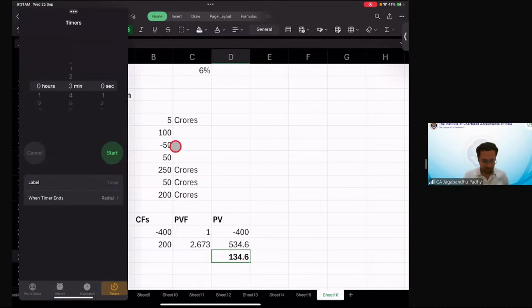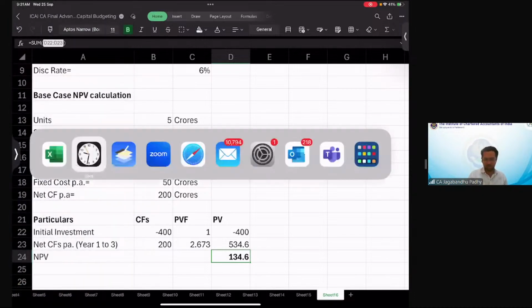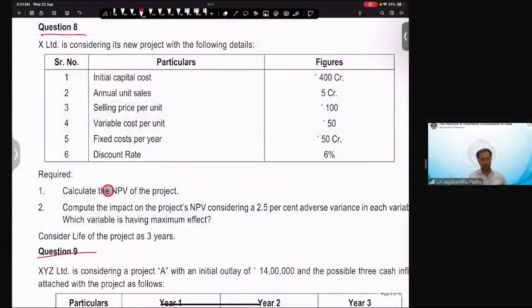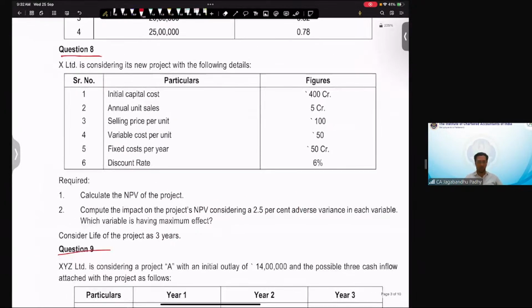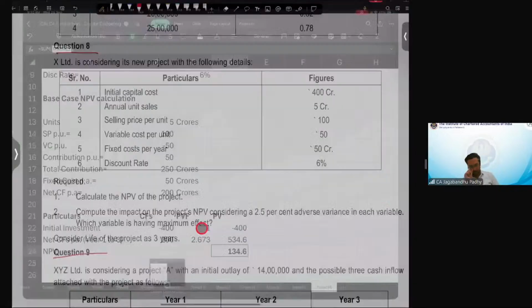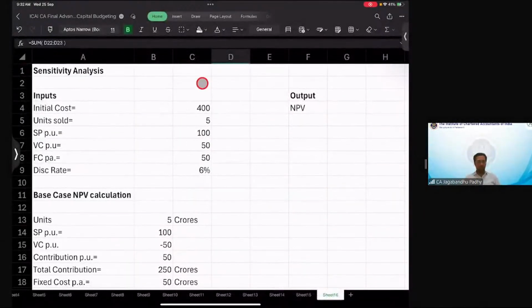Now look at the question. The question is saying, compute the impact on the project's NPV considering 2.5% adverse variance in each variable, and which variable has the maximum effect. So these variables are going to be impacted by 2.5% in the adverse scenario.